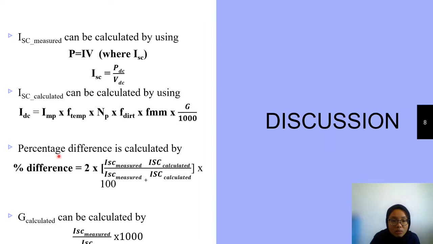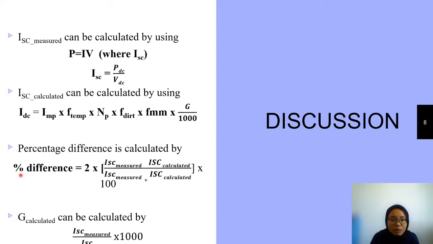So next is percentage difference. It can be calculated by 2 times in bracket of ISC measured minus ISC calculated over ISC measured plus ISC calculated times 100%. So for G calculated, it can be calculated by ISC measured over ISC STC times 1000.